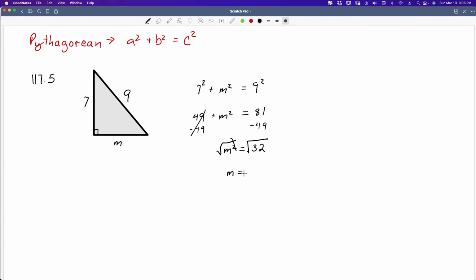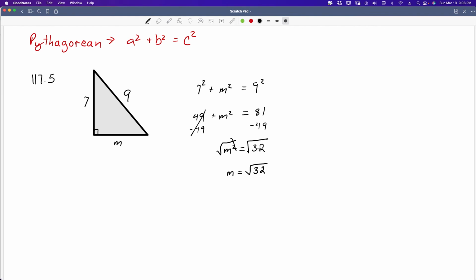M is equal to, what are the factors of 32? Let's see, we have 4 times 8. We have 2 times 16. I'm not seeing any perfect squares in there, so we would leave this as the square root of 32.